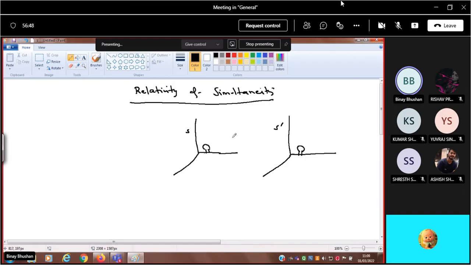Okay, so suppose this observer who is in the frame of reference S, he sees that one incident is happening at time t1 at location x1, and the other event is happening at time t2 at other location x2. Is it clear? So understood the problem, Suraj?